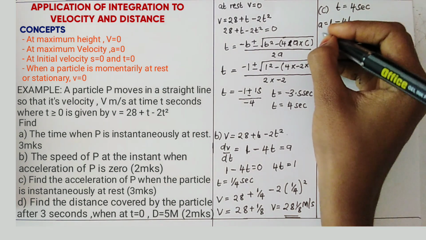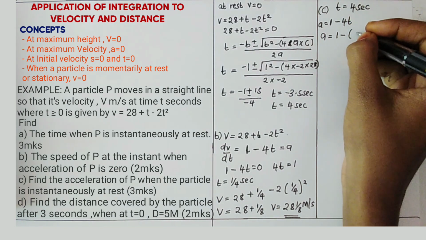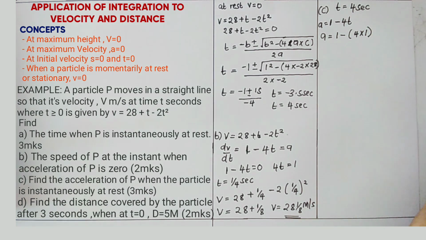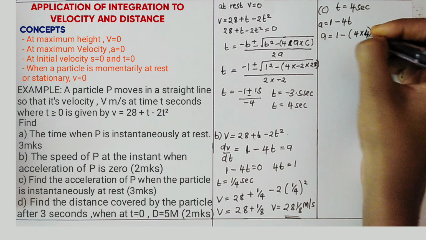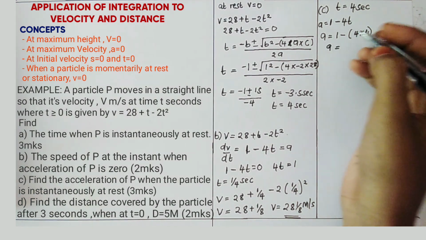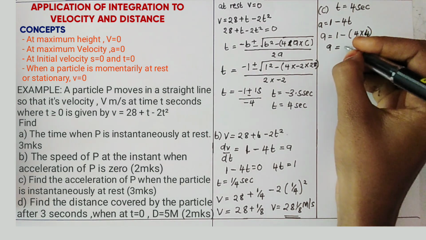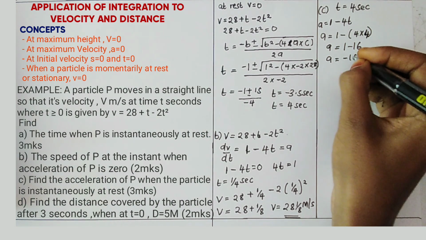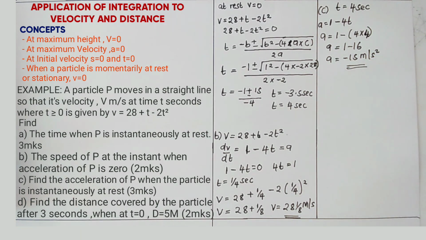I say acceleration is equal to 1 minus 4 times 4 seconds. So 4 times 4 is 16. 1 minus 16. Acceleration will be equal to negative 15 meters per second squared. That is acceleration due to gravity is always negative.